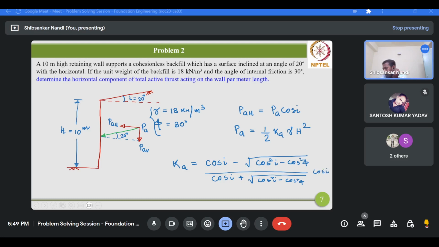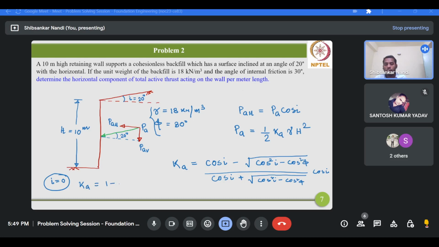Now you compare this equation with the previous one and substitute the value of I as 0. I equals 0 means you are considering a horizontal, level backfill surface. So no inclination. If I becomes 0, then what would be the value for K?